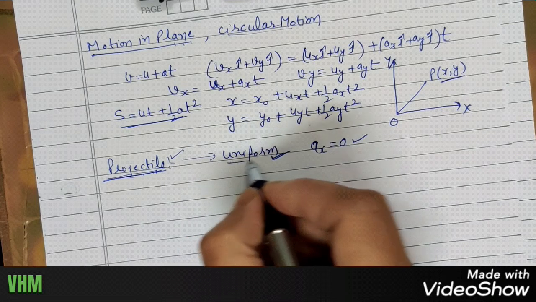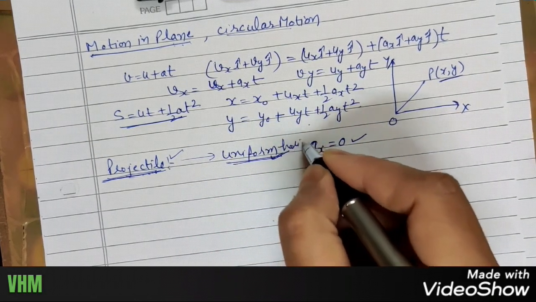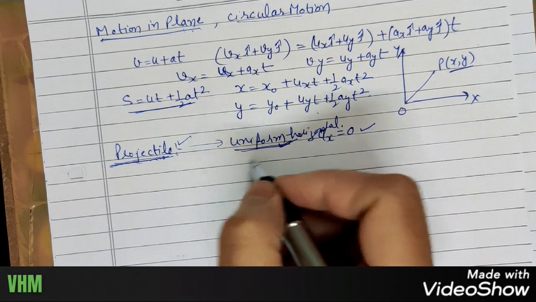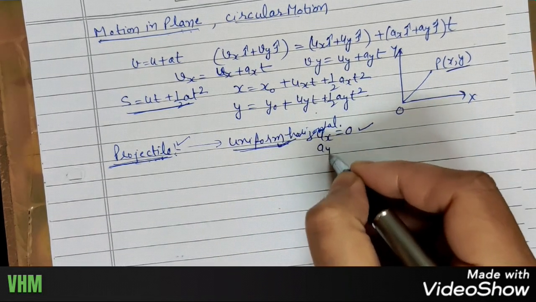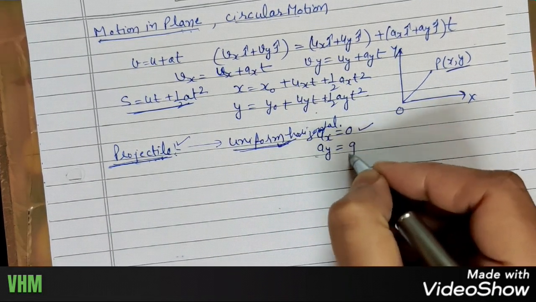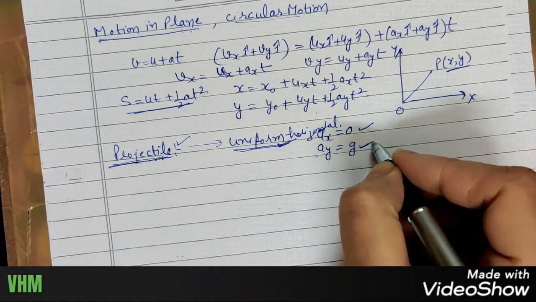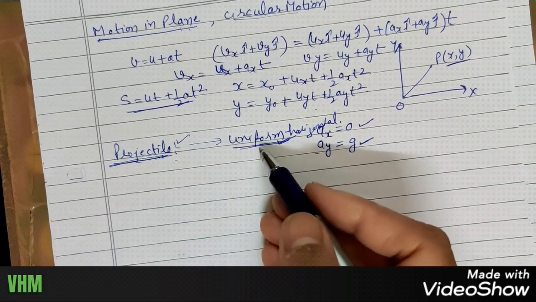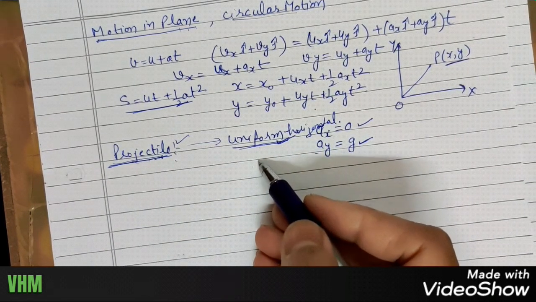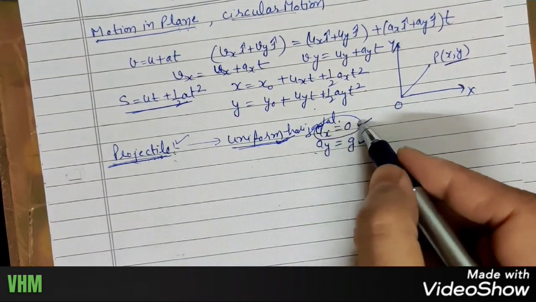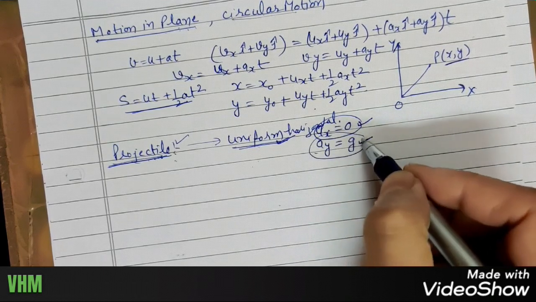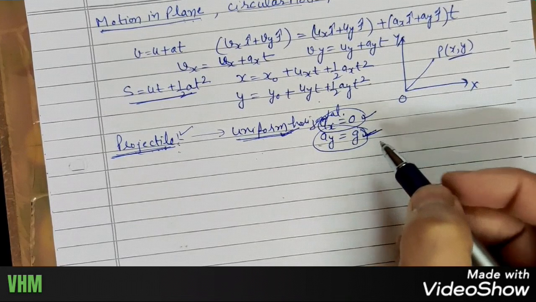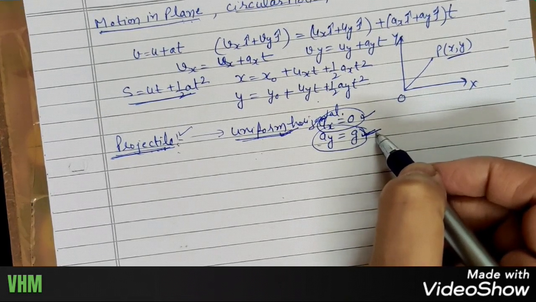But the vertical is under the effect of gravity, and the acceleration along the vertical is considered as acceleration due to gravity. So the horizontal acceleration is zero, the vertical acceleration is g, and air friction is neglected.